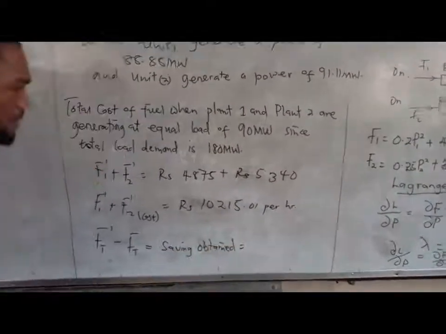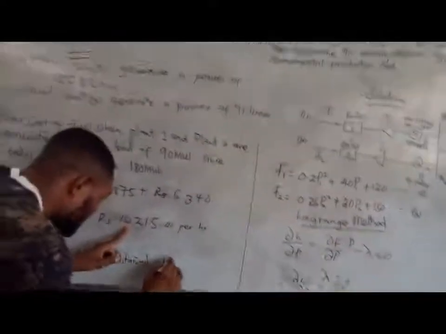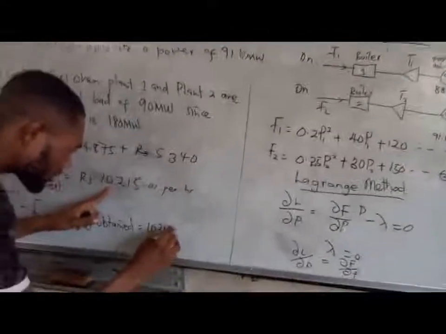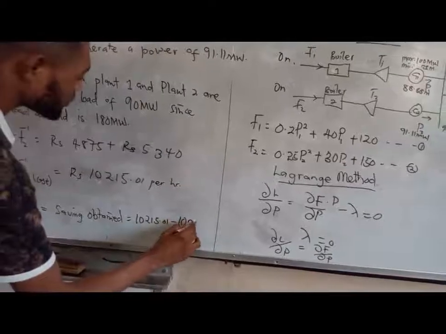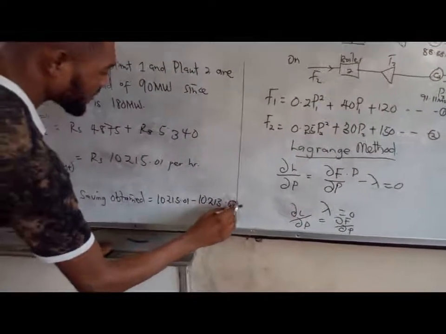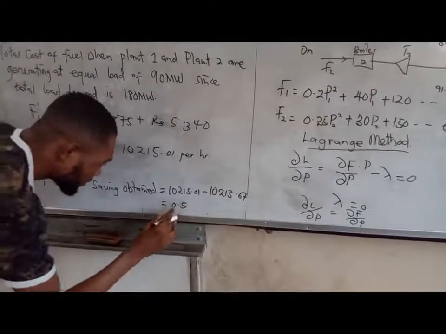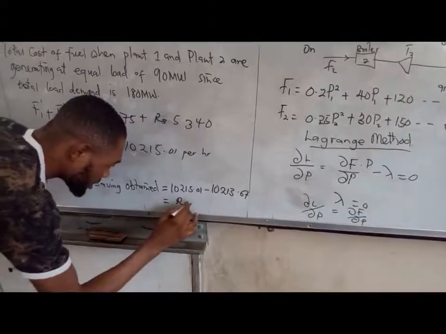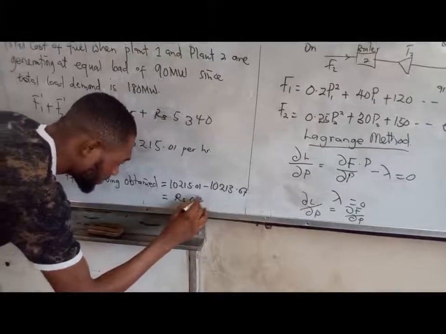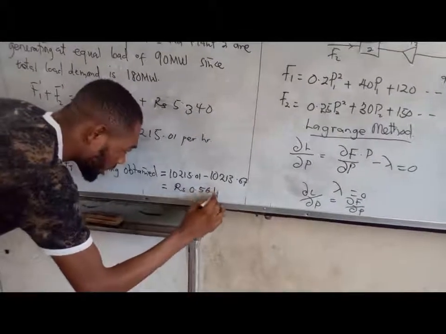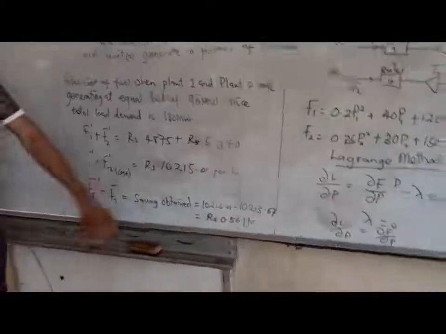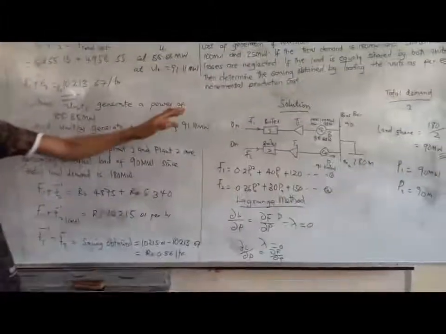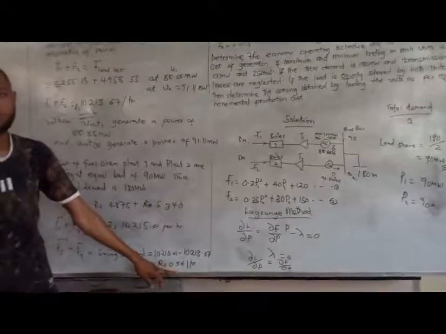And that is this value, 10251.01, minus this one, 10235.165, and that will give us Rs 0.56 per hour. So in every hour, if you are generating on equal load, this is the amount of money you'll be able to save.